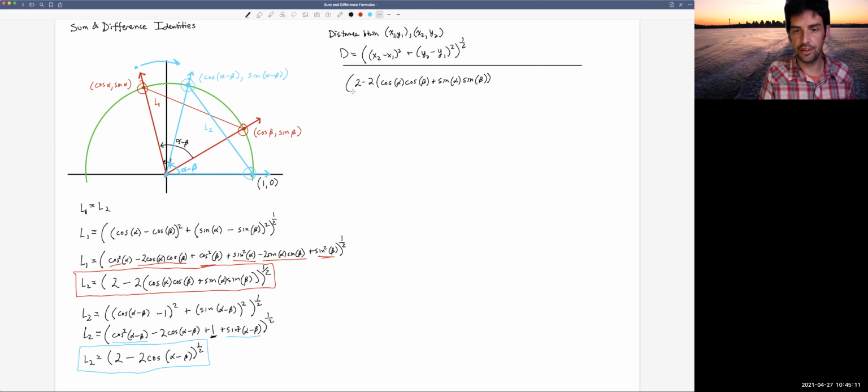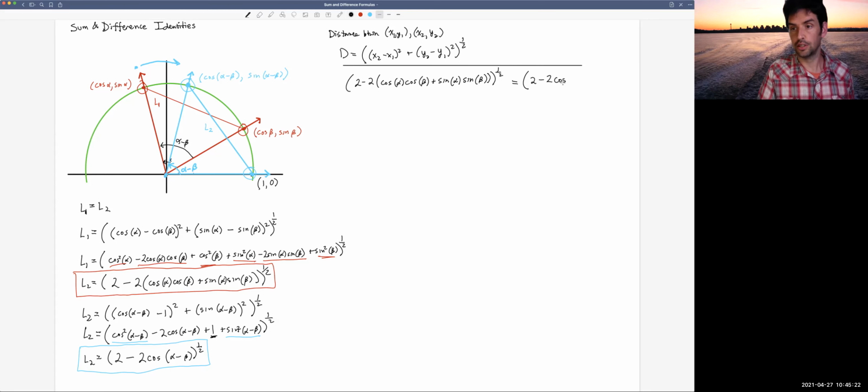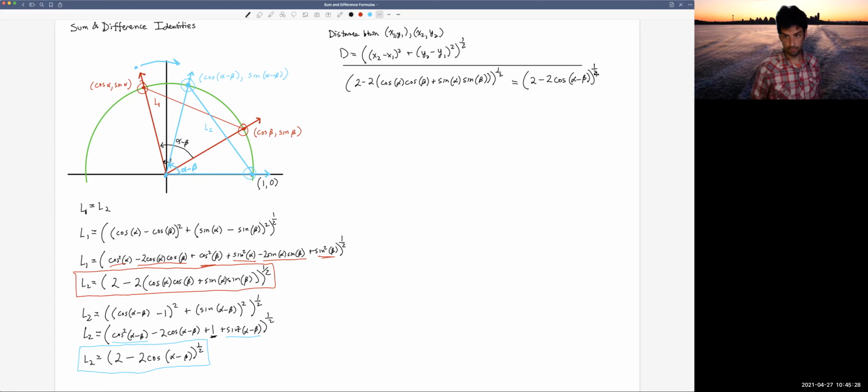All of this is to the 1/2 power. This has to be equal to the other length, which is 2 minus 2 cosine alpha minus beta to the 1/2.